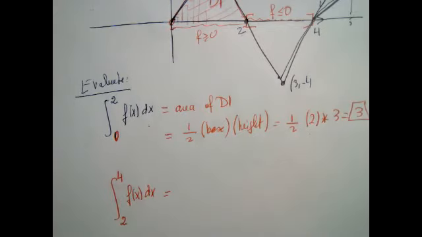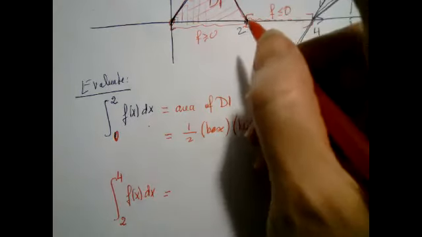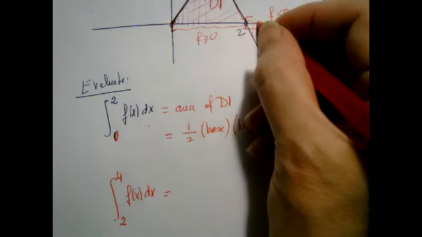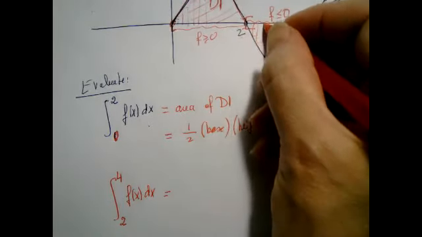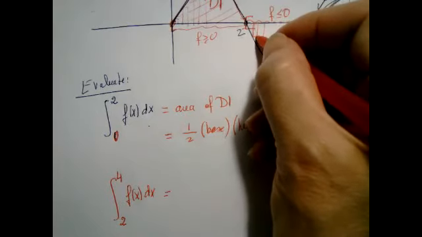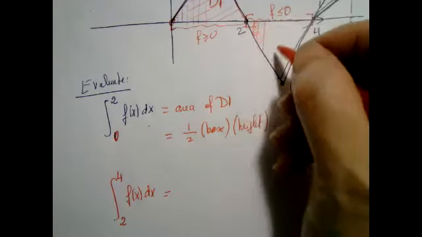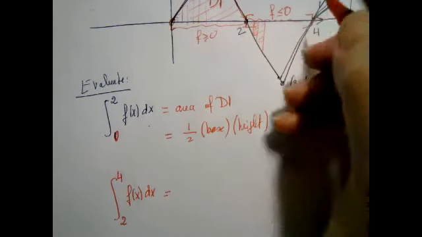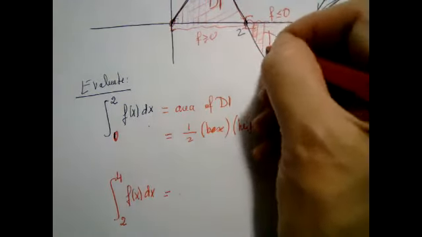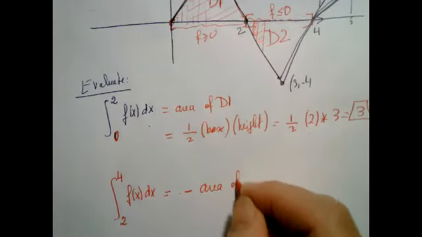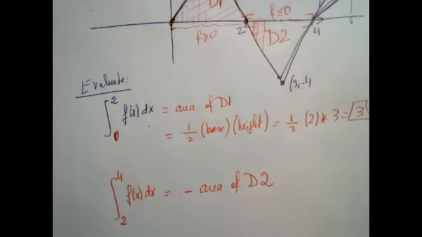When I take those integrals, remember the definition is the sum of f of xi times delta x. But this time, every time I take f of xi times delta x, I'm getting minus the area, because my function is negative here. So if I call this D2, it's going to be minus the area of D2.